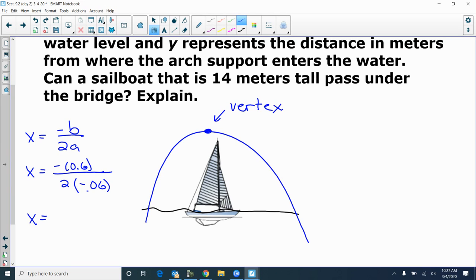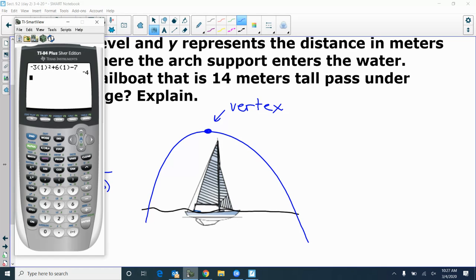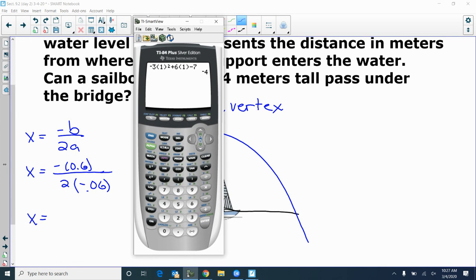No. All right, let me double check. Negative 0.6 divided by 2 times negative 0.06. I got positive 5. Yeah, I forgot the negative.